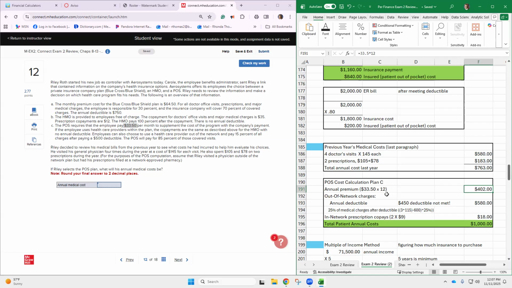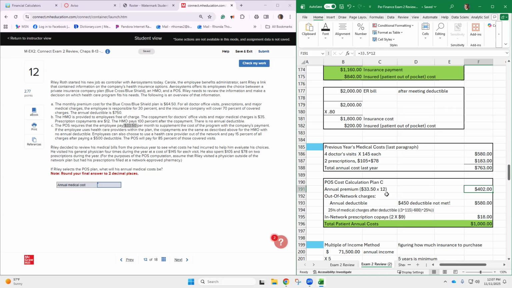The HMO did not have a premium or a deductible. They just had copays, okay? But that wasn't the case because it says, for the purposes of the POS computation, assume that Riley visited a physician outside of the network.